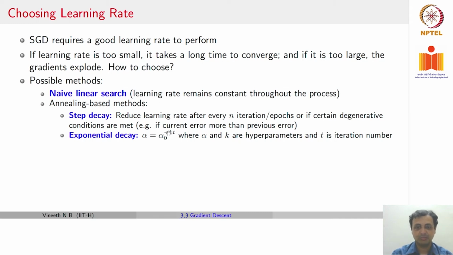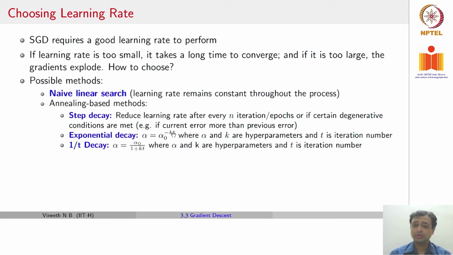Because t is an iteration number here, as the iteration number increases, the learning rate automatically starts falling down. You can also use a simple 1 by t decay formula where you start with an alpha naught, and alpha at a particular time step is given by alpha naught by 1 plus kt, where alpha naught and k are hyperparameters and t is an iteration number.